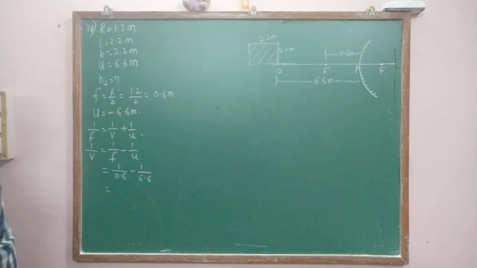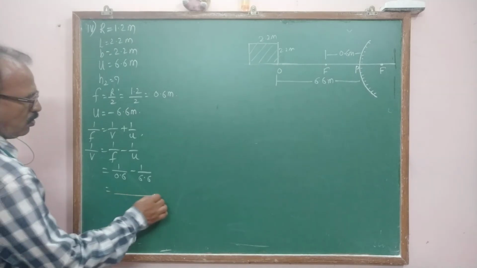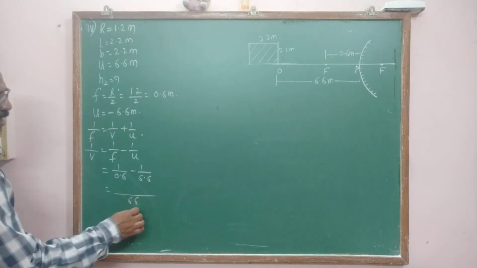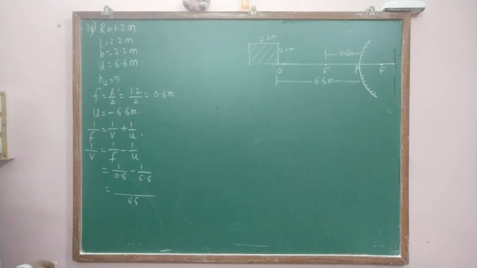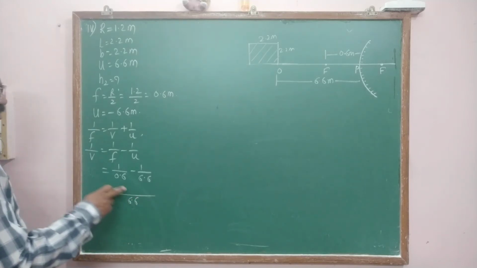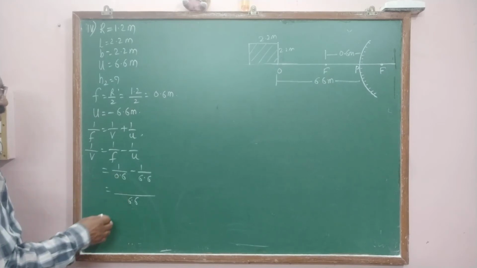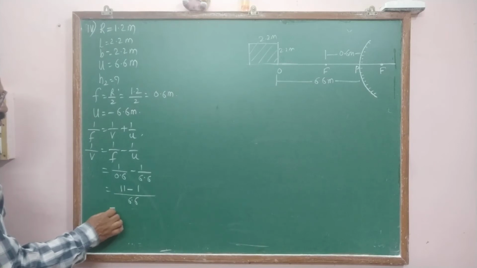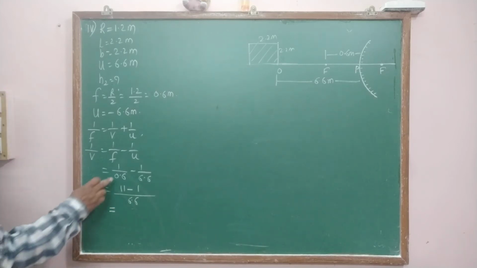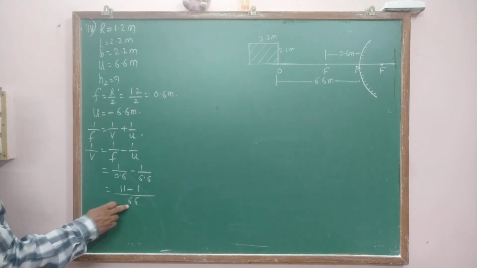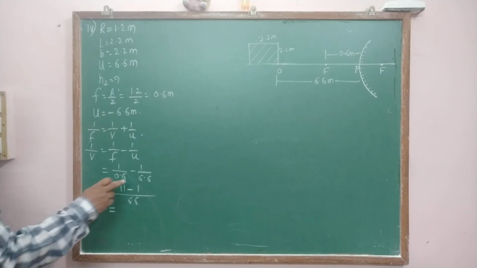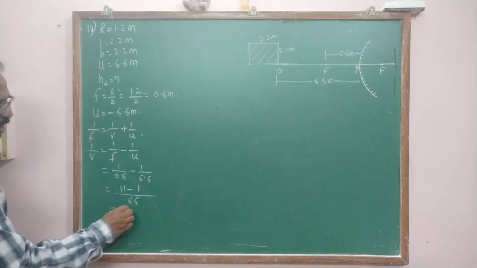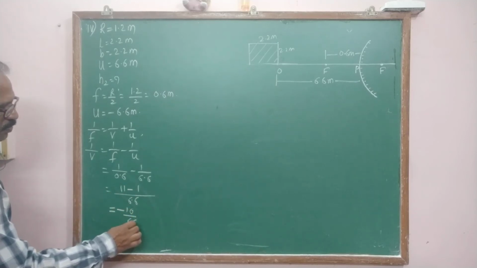So what will we get? Taking 6.6 as LCM, 0.6 will go into 6.6 eleven times, and 6.6 will go into 6.6 one time. So 11 minus 1, that is 10 upon 6.6.